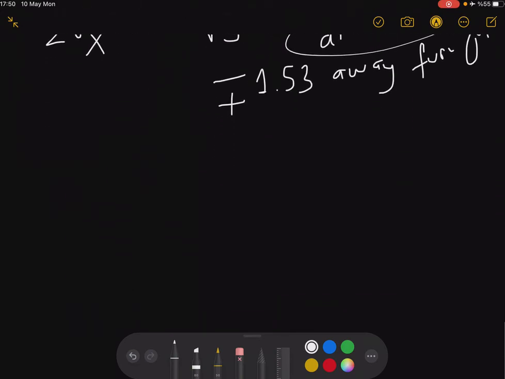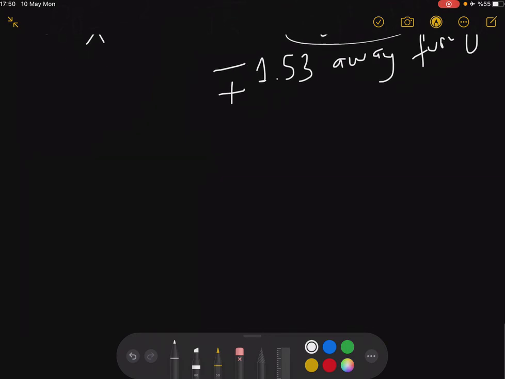That's it. So let's consider another example, our last example about point estimation.